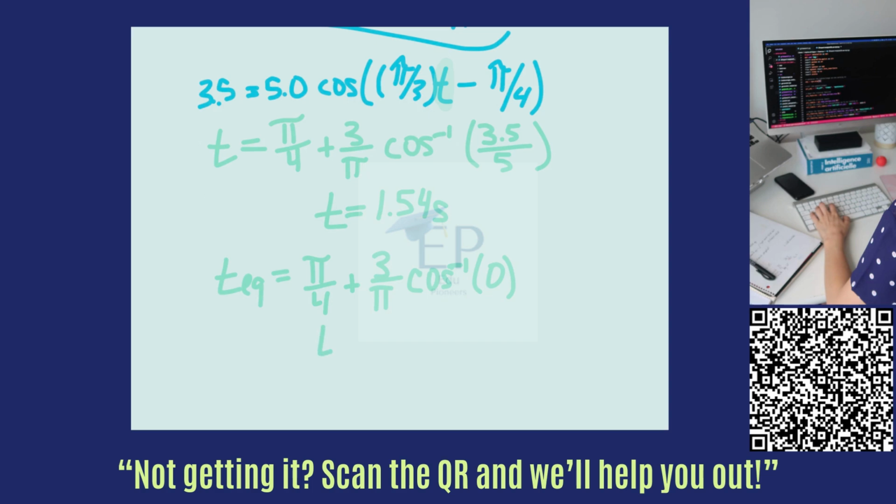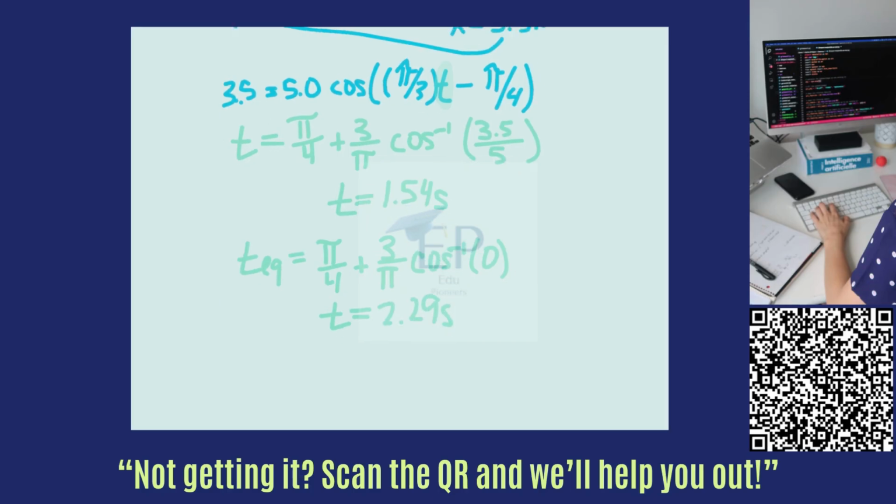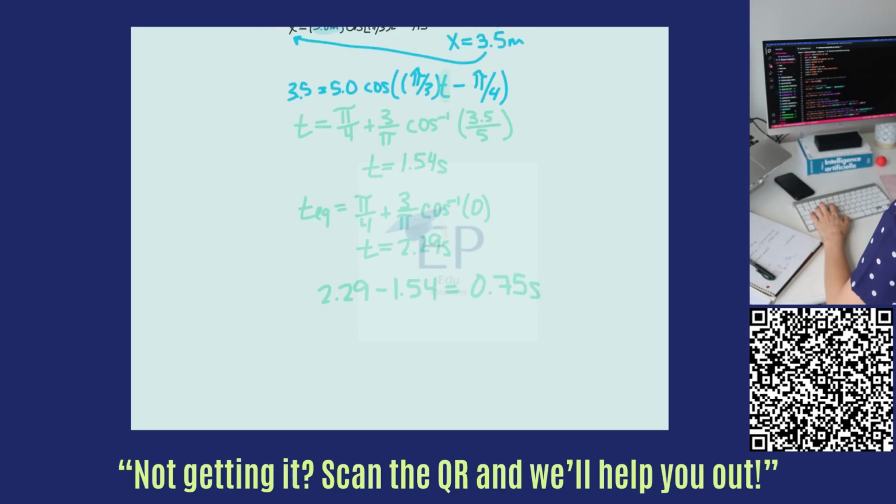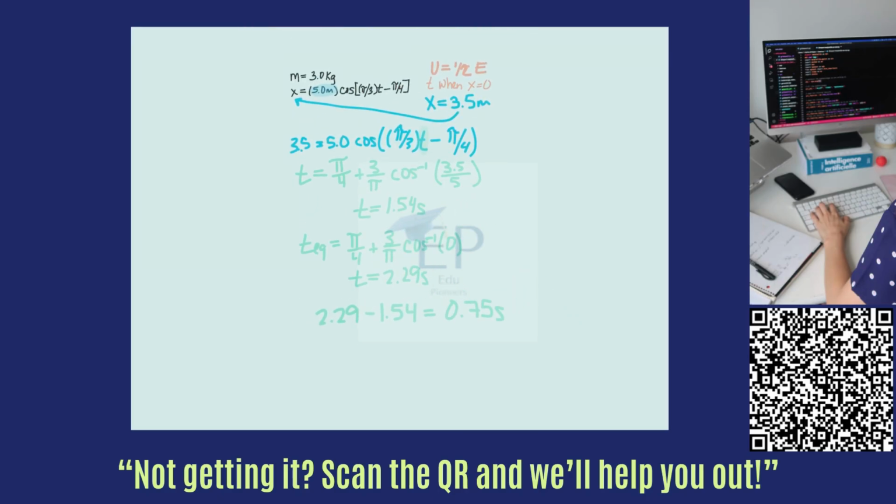With this, we get that our t value equals 2.29 seconds. So to find the interval, we just subtract 2.29 minus 1.54, and we get that it takes 0.75 seconds for it to go from equilibrium to position x.